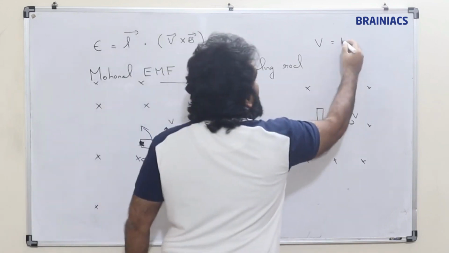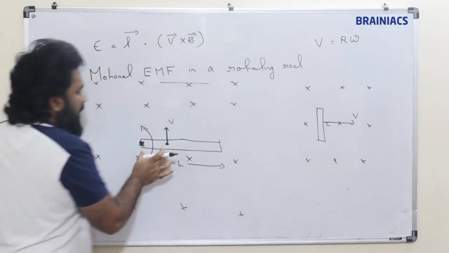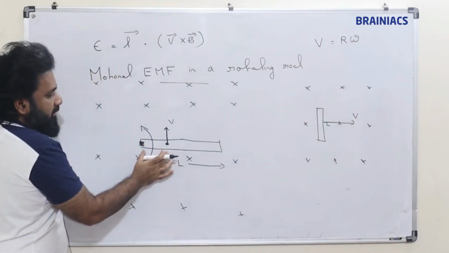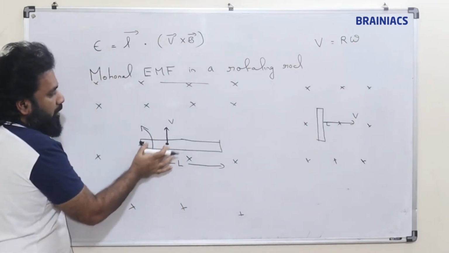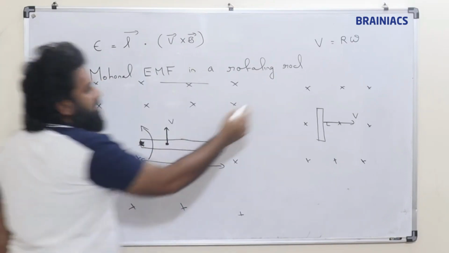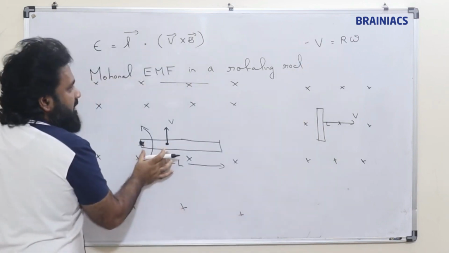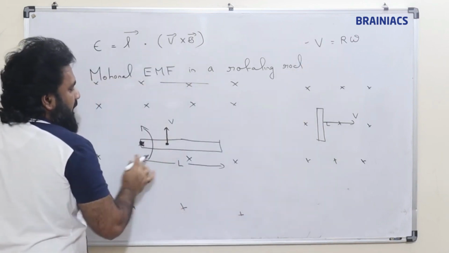So what is the relation? V is equal to r omega. So velocity is equal to this length times the angular velocity omega. Since v is equal to r omega, if this length is less, velocity will be less.